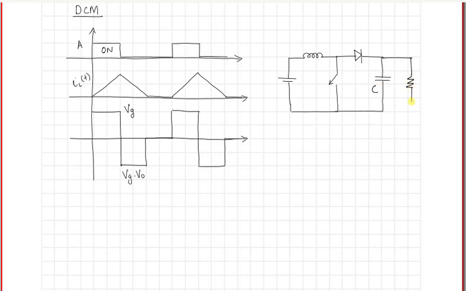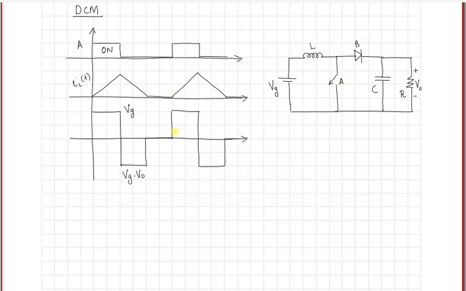And it is the presence of this diode which will cause this current to remain at 0 or enter into CCM mode, just like the case that we had in the buck converter. This is your Vg, and here you will get the output voltage Vo. Switch A, and this is switch B.